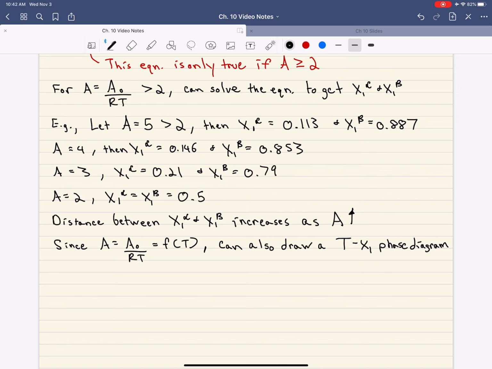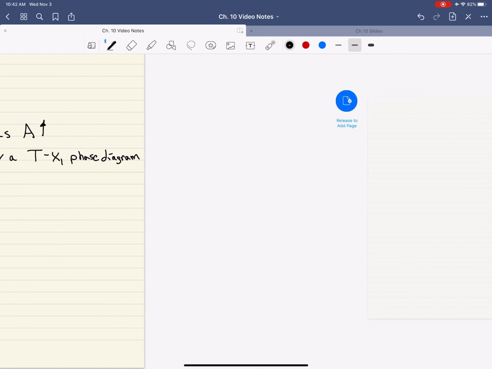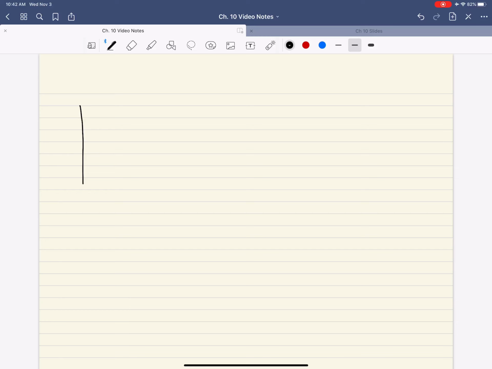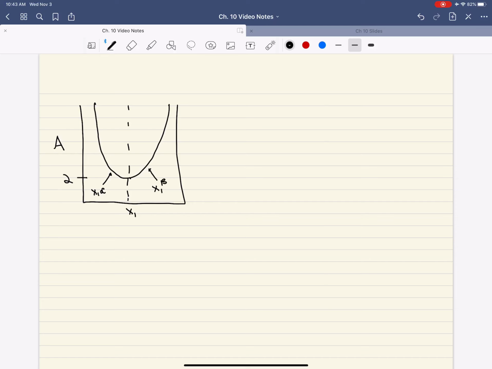Okay. All right, and so I'm going to go to the next page and sketch at least what this equation is telling us mathematically. So for instance, if we plot A on the y-axis and x1 on the x-axis, what we would see is that when we're above a value of 2, we would get a curve like this, where this left side corresponds to x1 alpha, and this right side corresponds to the x1 beta values.